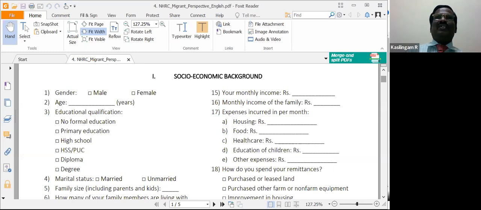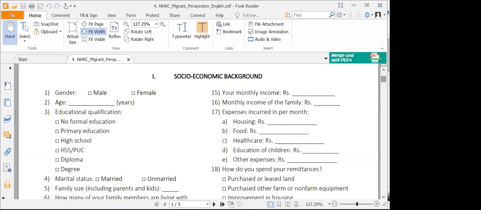Level of knowledge, level of understanding, level of awareness, whatever it is, from low to high. 1 is low, 5 is high. When 1 is low and 5 is high, if the mean is less than 2.5, it means low awareness, low understanding, low score. That is the meaning. Okay, sir. Clear, sir. Thank you.